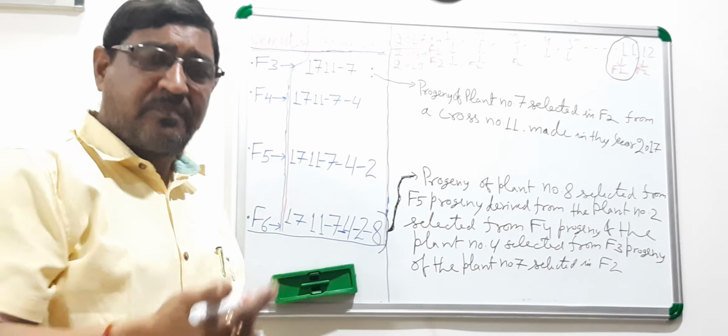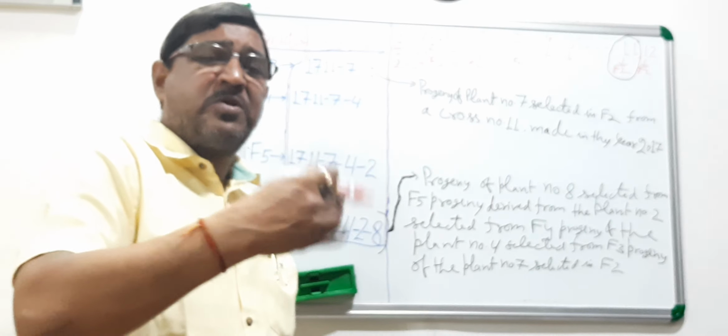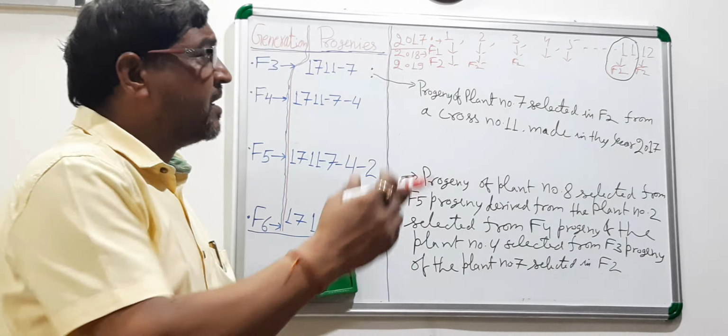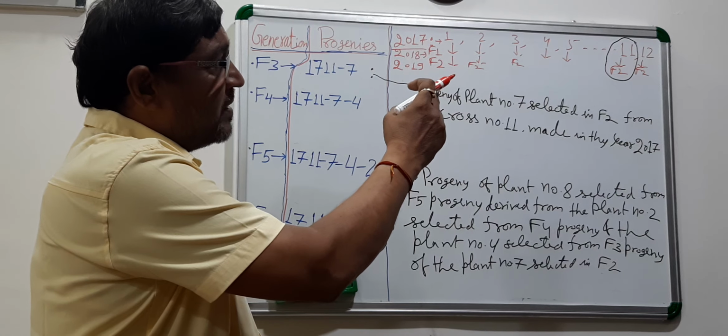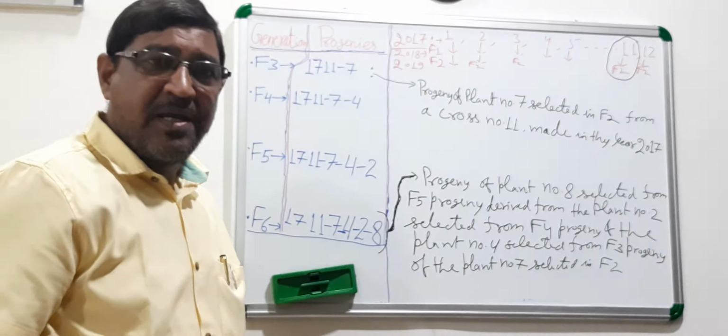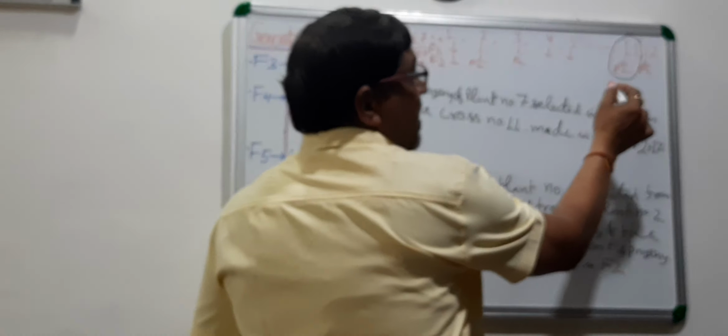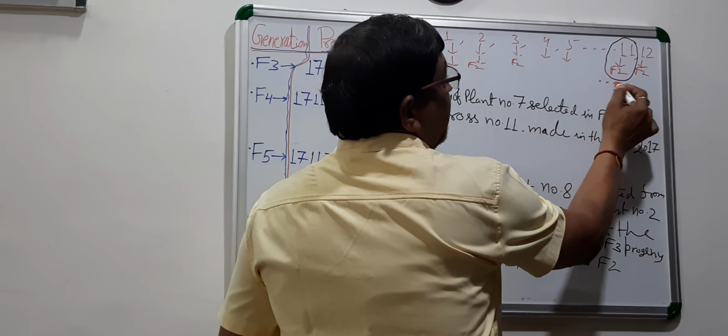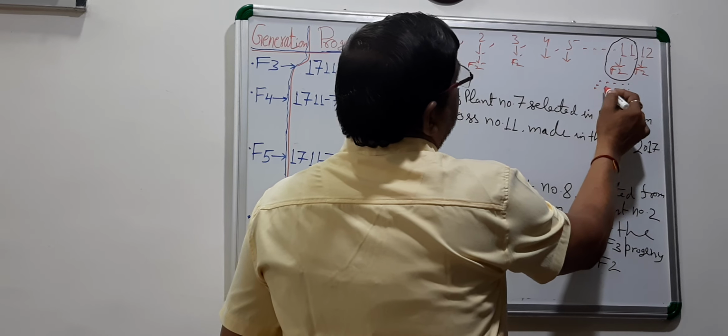Likewise you are putting information of all the crosses in your pedigree record. So in cross number 11 you have grown F2 in 2019.